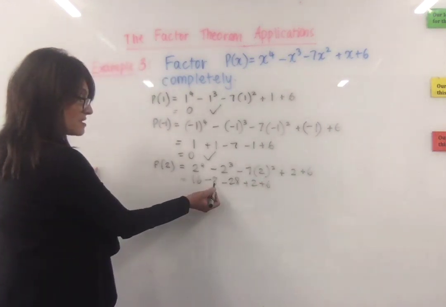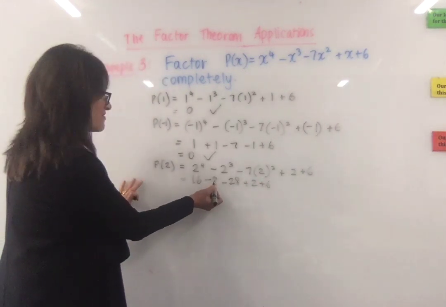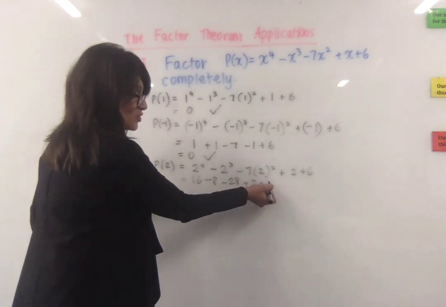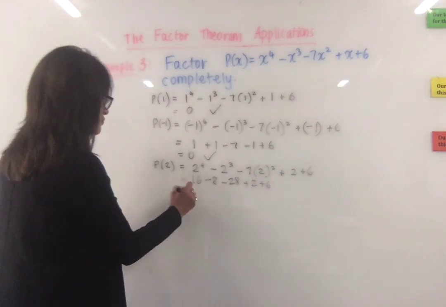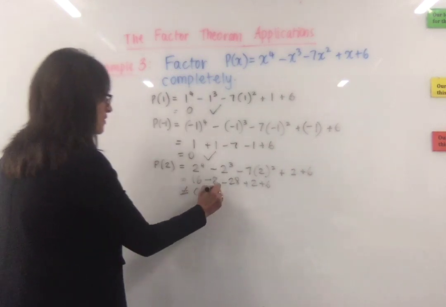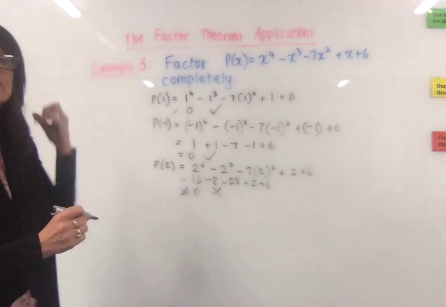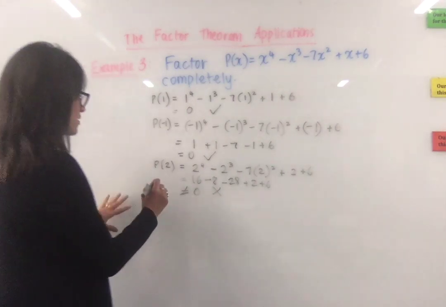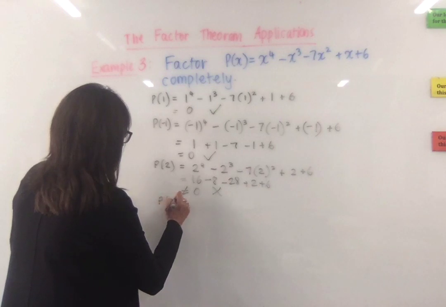Now 16 minus 8 is 8, minus another 28 is negative 20, plus 2 plus 6 is not going to give us a result of 0. So therefore, this is not going to be a root of our polynomial. The next logical one for us to try would be p of negative 2.